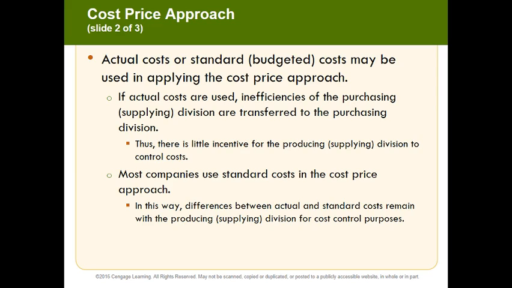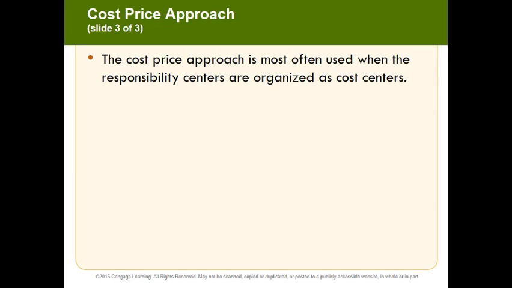In this particular way, differences between actual and standards remain with the producing or supplying division for cost control purposes. The cost price approach is often used when responsibilities are organized as cost centers. Now recall earlier in this particular lecture, cost centers only deal with expenses.